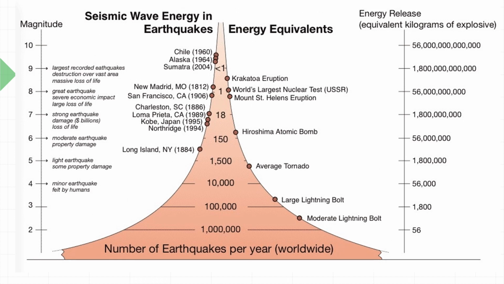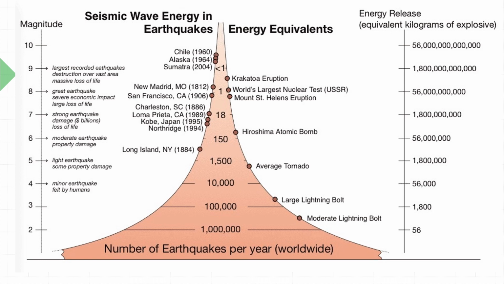So coming back to magnitude, if you see here, the magnitude of 2 and 3, and this is 56. This is energy release. So if suppose the energy release of a 2 magnitude earthquake is 56, it means that the 3 magnitude earthquake would release energy of 1800, which is 32 times the 56. So 56 into 32, you will get a number which is near 1800.